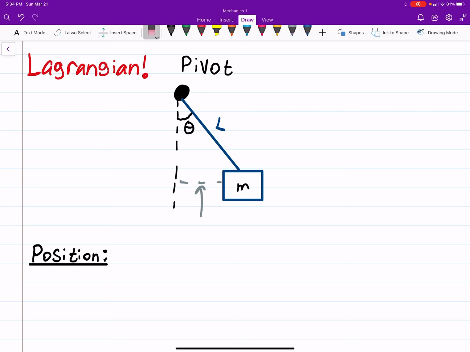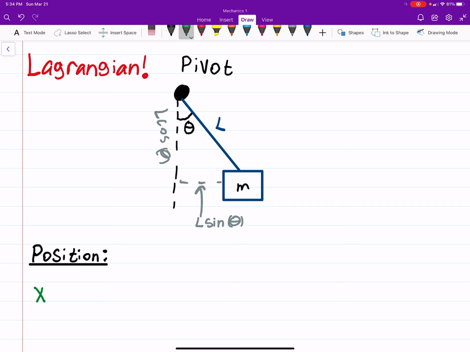So for the x component, it'll be just L sine theta, and then for the y, L cosine theta. Just using the triangle. Sorry, I tried to write that sideways, it looks ugly.